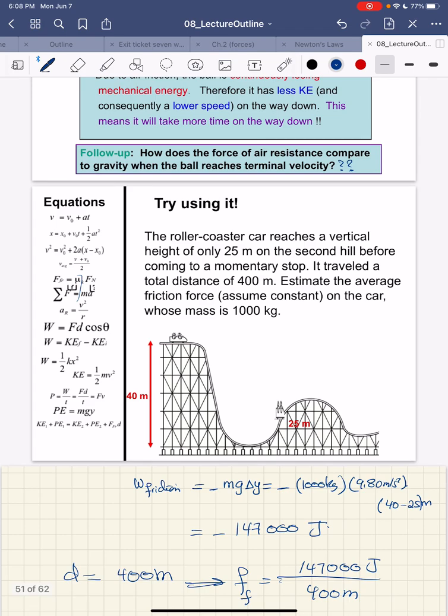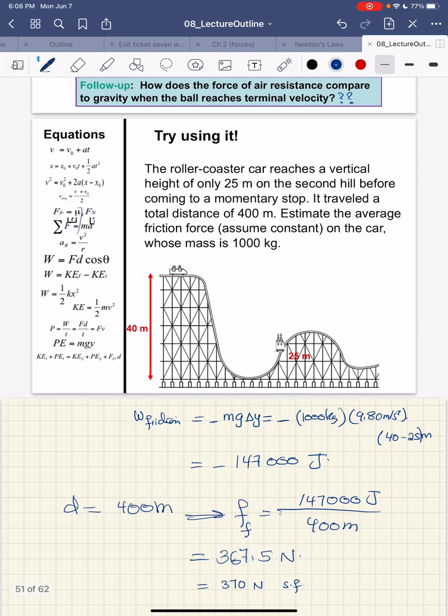Now this is one of the problems in the problem solving, like the roller coaster that we did before. A problem where the car reaches a vertical height of only 25 meters because of the friction. Okay, and it traveled a distance of 400 meters. Estimate the average friction force on the car whose mass is 1,000 kilograms.